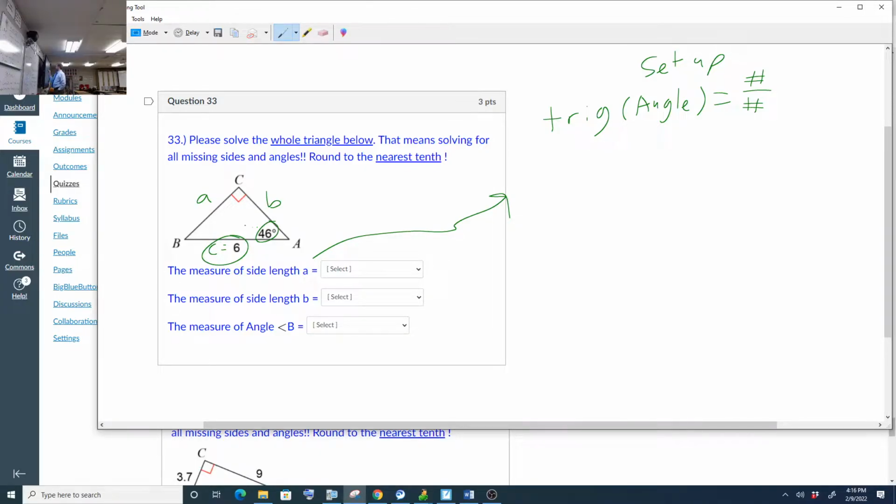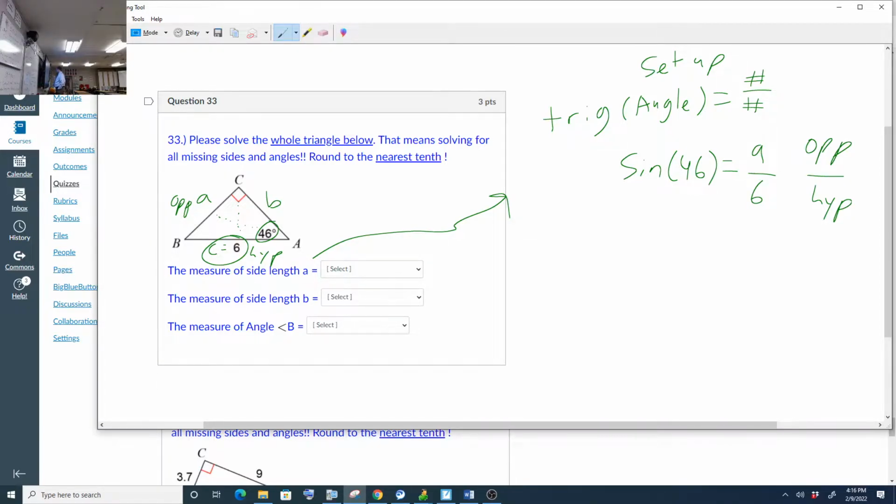So let's use our angle and solve for the opposite side over the hypotenuse. Opposite over hypotenuse, of course, is sine. So we're going to use sine of 46 degrees, the angle they give us, is equal to opposite, little a, over hypotenuse 6.